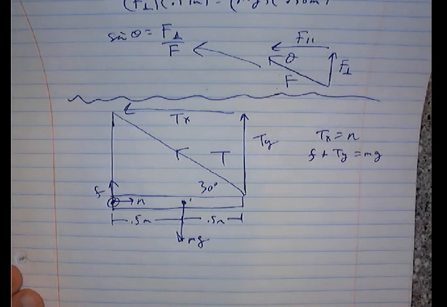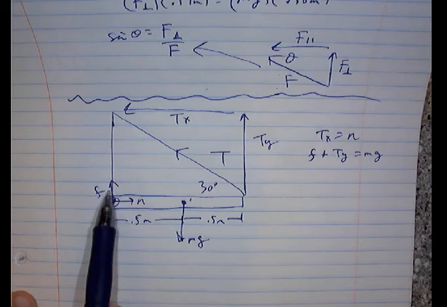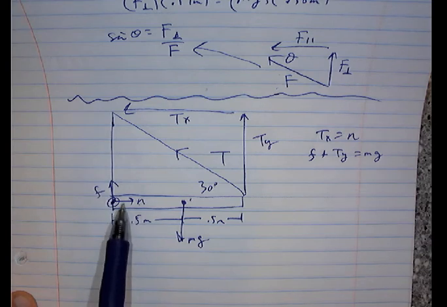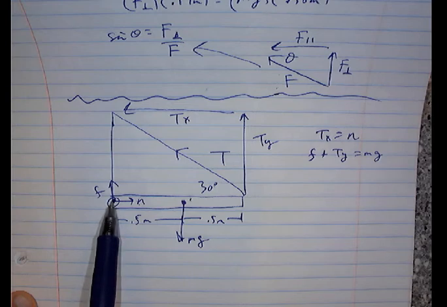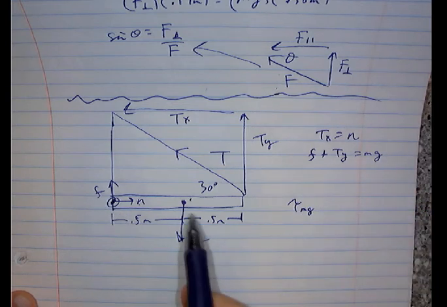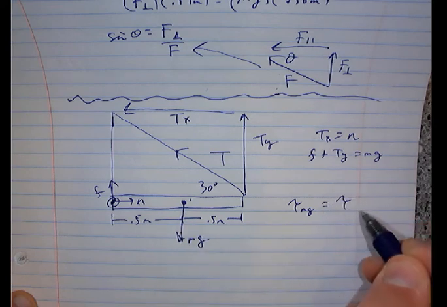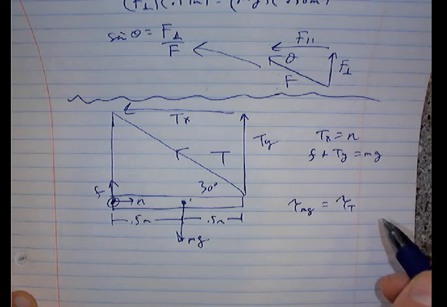I still have torques, though. So I can pick this as the pivot point. Picking this as the pivot point, I don't need to know what F and N are because they don't provide a torque about this pivot point. They don't make it rotate about this pivot point. So the torque by mg, making it rotate this way, would have to be equal to the torque by T, making it rotate the other direction.